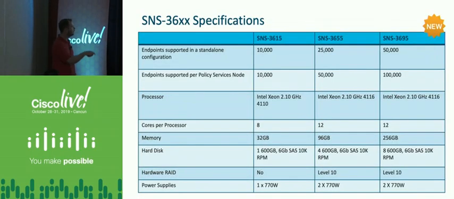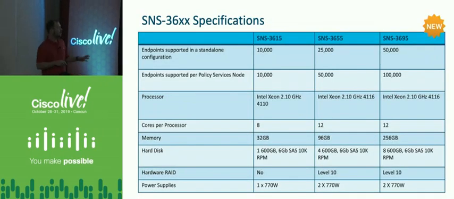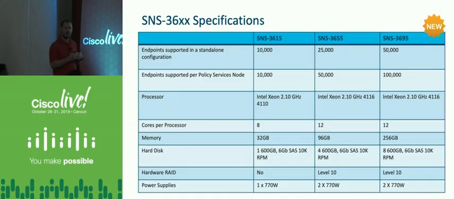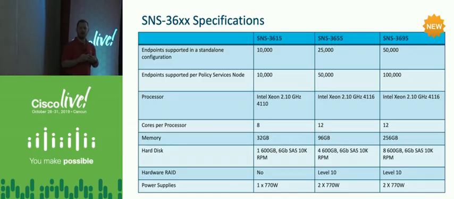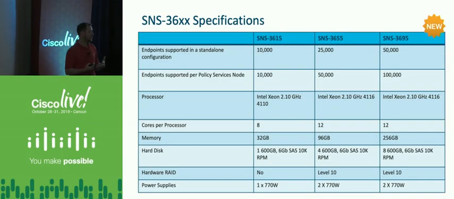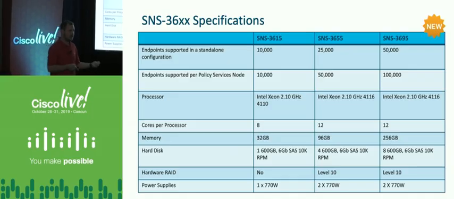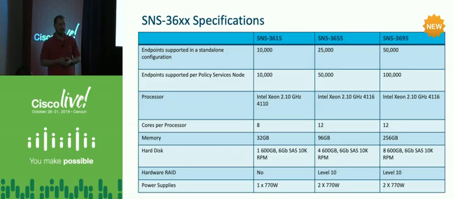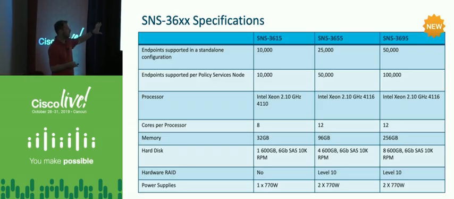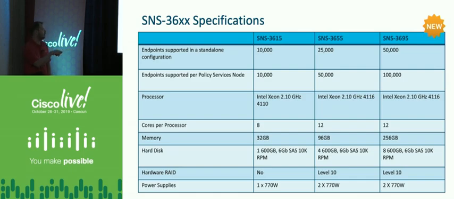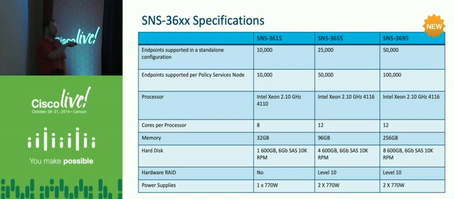But great question. Hardware-wise, you will see we added a new line, which is going to help us quite a bit. Previous to this, we would have a 3515 and a 3595. What you'll see with the new 3600s is we've actually increased scale and added a third appliance.